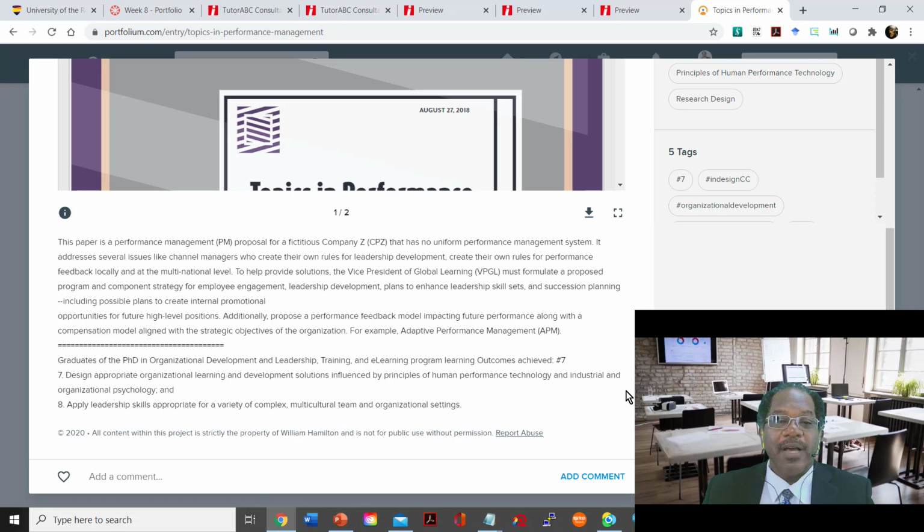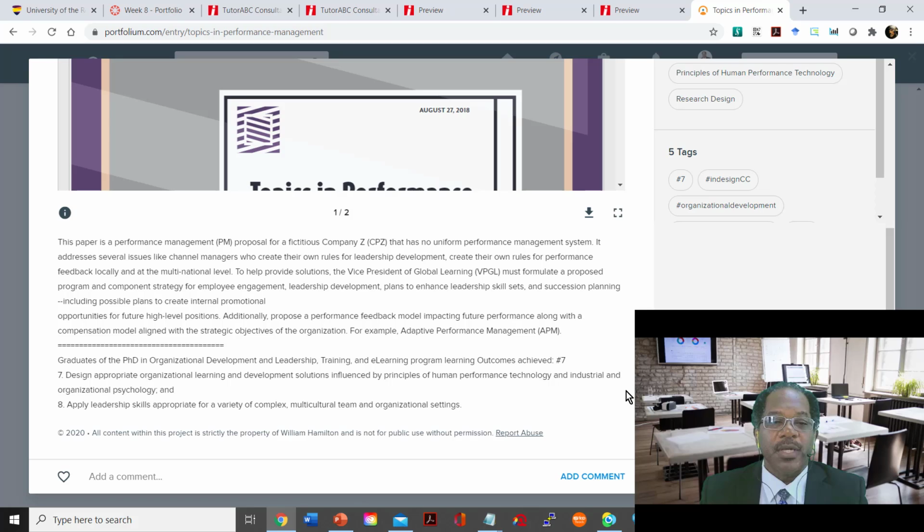To help provide a solution, the vice president of global learning must formulate a proposed program and component strategy for employee engagement, leadership development, plans to enhance leadership skills and succession planning, including possible plans to create internal promotional opportunities for future high potentials.